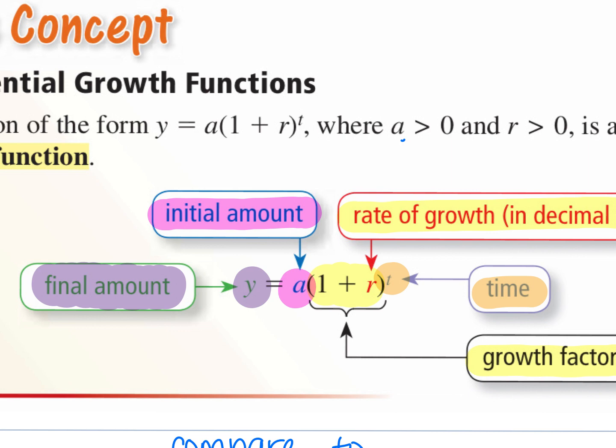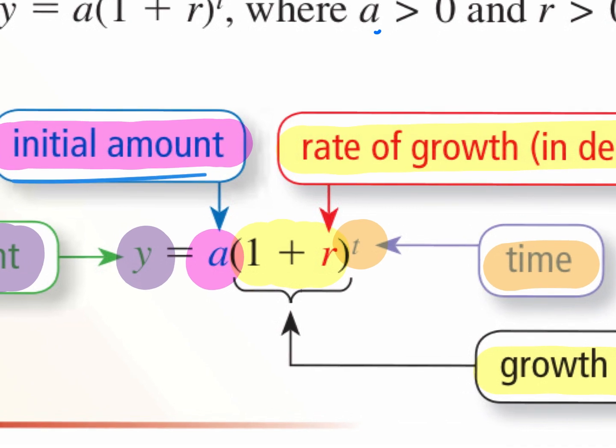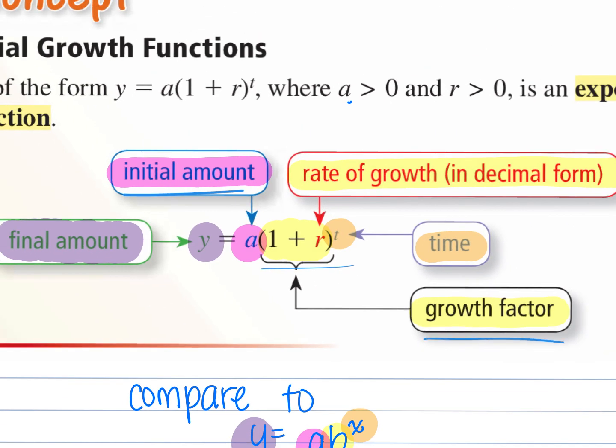That's just your A now, which is your initial amount, okay? Then we have 1 plus R. This is now your base, and the entire thing, we call it a growth factor, okay? 1 plus R. And then the rate of growth, how fast you're growing, is going to be this little letter R, okay? And then we raise it.